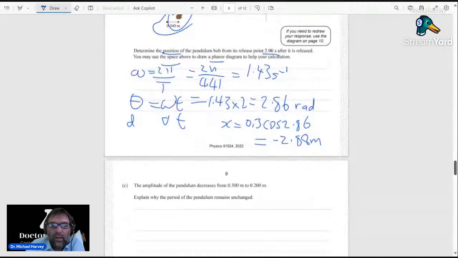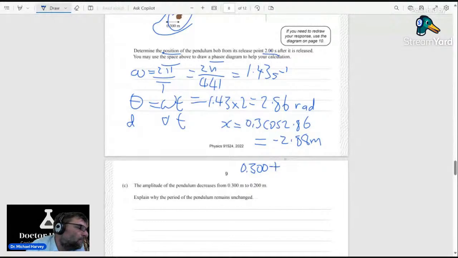So you've got 0.300 plus, we've done something wrong, it's not 2.88 meters, it's negative 0.288 meters, otherwise it's a crazy number.